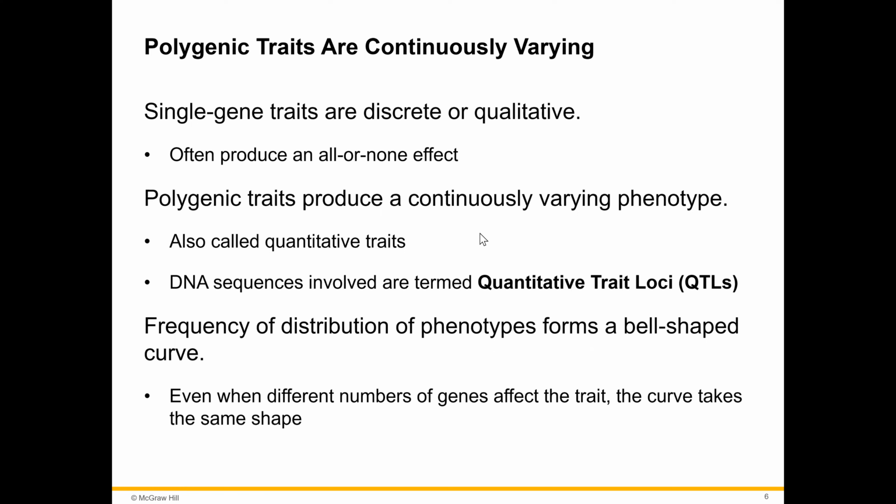Now, what it says is that if we have some trait that is determined by many genes, a polygenic trait, like our height as humans, then if we look at a population, we will see how many people within this population are short, medium height, tall, and all in between. And if we put our height in a graph, it gives us a bell-shaped curve.